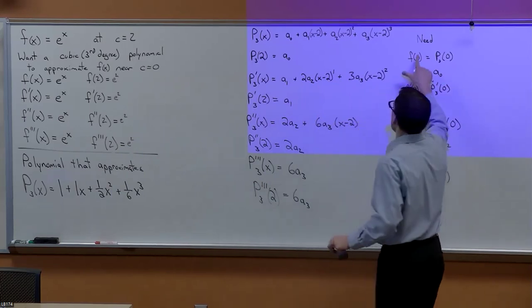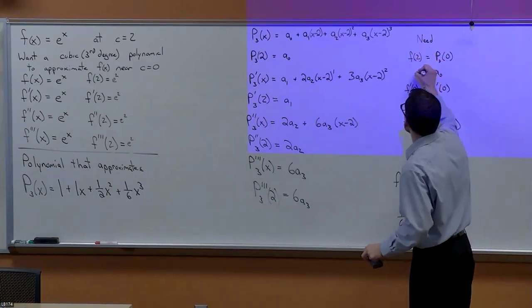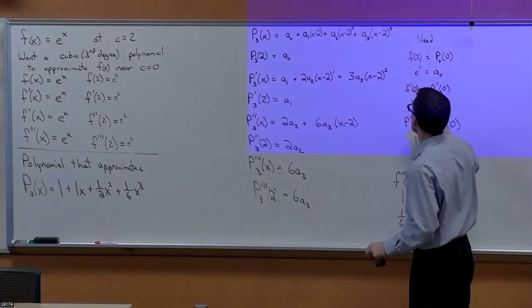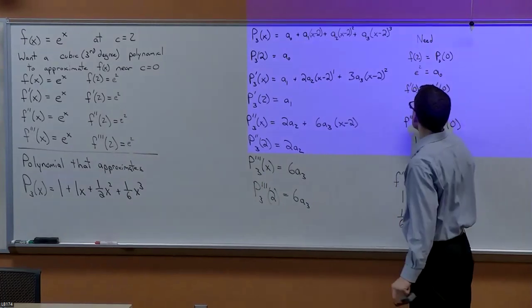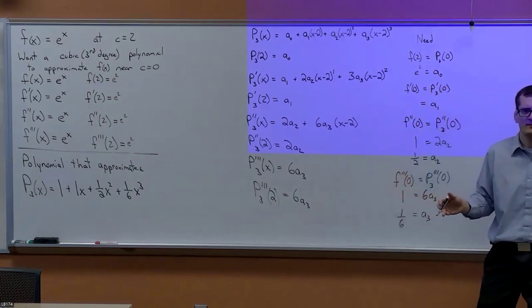The left-hand side, instead of being f of 0, would be f of 2, which would be e squared every time. Hopefully that makes sense.